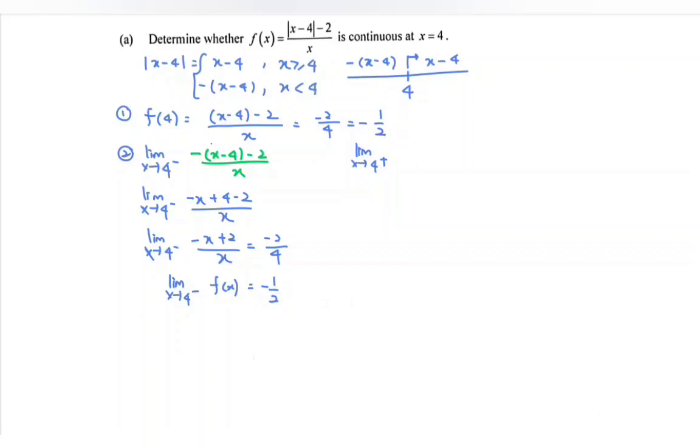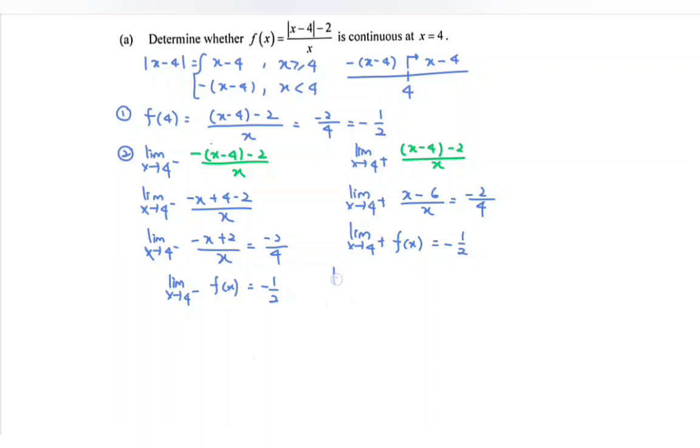Next, focus on the right hand side. Here we have x minus 4 minus 2 over x. Rewriting, the limit as x approaches 4 from the right: notice that we have x minus 6 over x. If we substitute 4, we get negative 2 over 4, so the limit as x approaches 4 from the right of f(x) is negative 1 over 2.